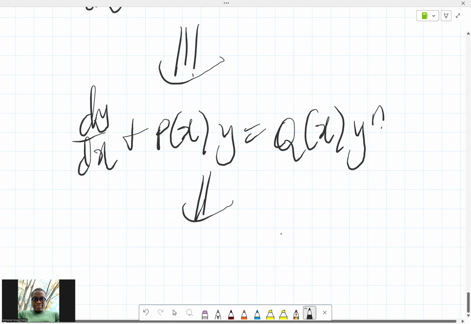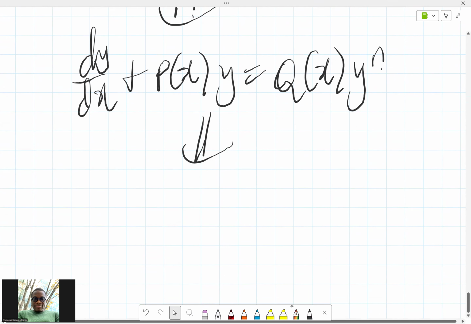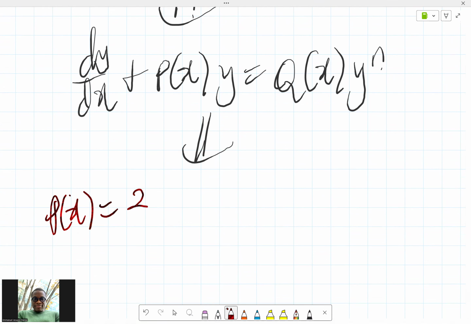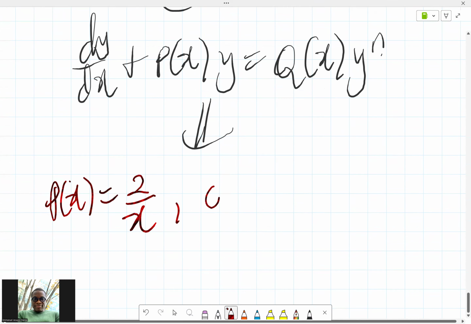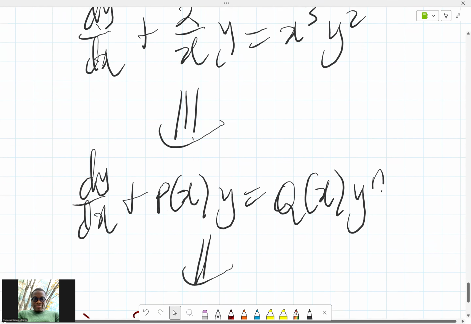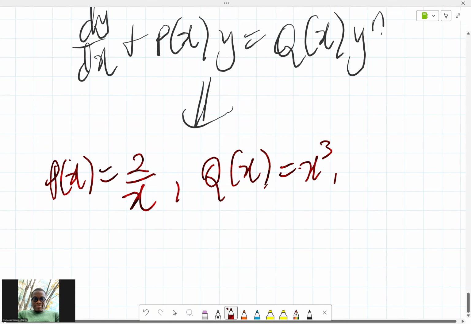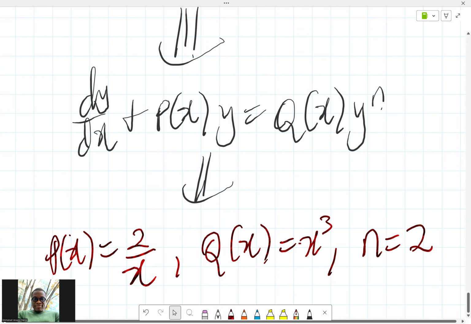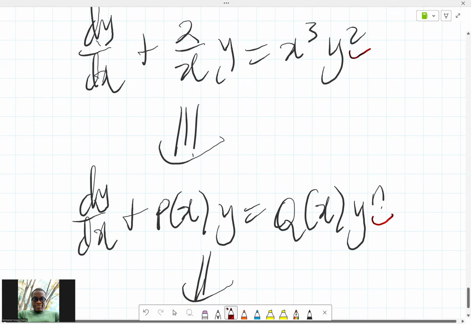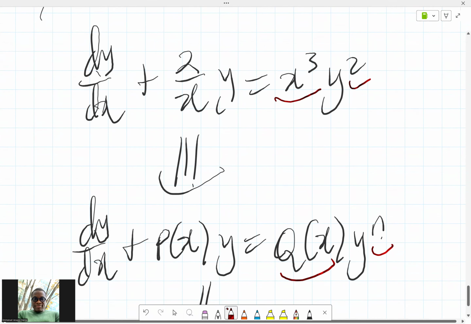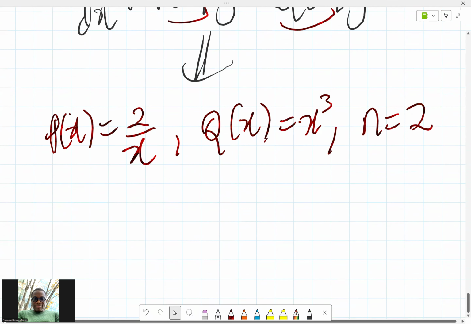This simply tells us that p of x is equal to 2 over x, because that's what you have in front of y. Then q of x is what is in front of y squared, that's x cubed. And now our n is equal to 2, because that's the power of y. So we have clearly identified those.